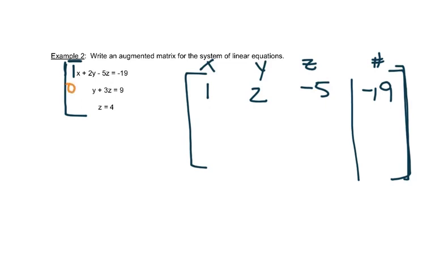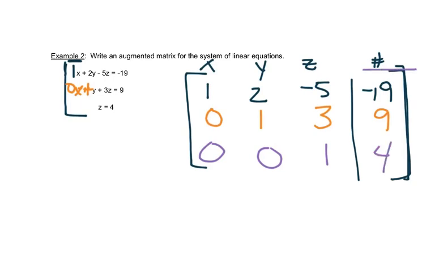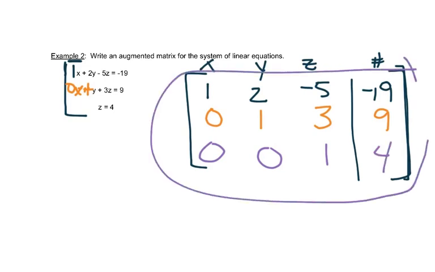That means it's really 0x plus 1y. So we'd write 0, 1, 3, and then 9. And in the last equation, there's no x, so that'd be a 0. There's no y, so that would be a 0. There's a 1 in front of the z, and then the 4 by itself. And then this is our augmented matrix.